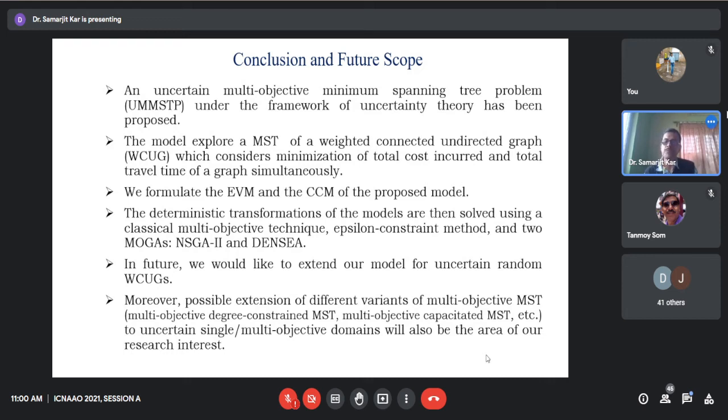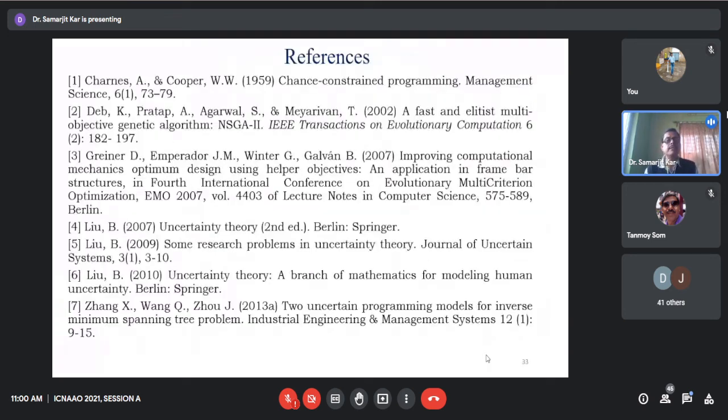So that's why the best way is always to try to solve such uncertainty based models through evolutionary algorithms. So with this, these are the references.